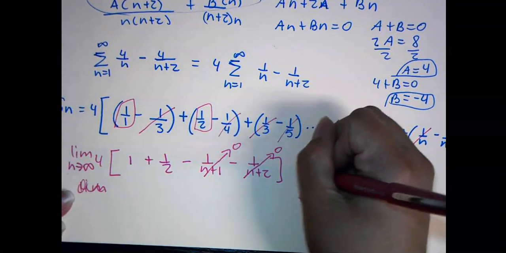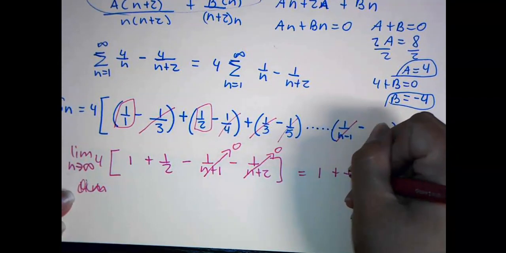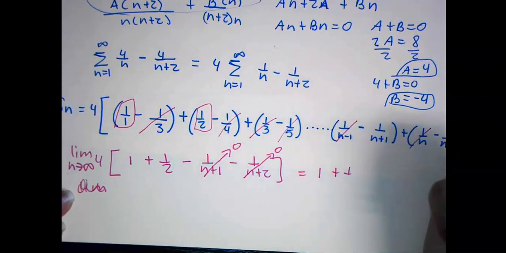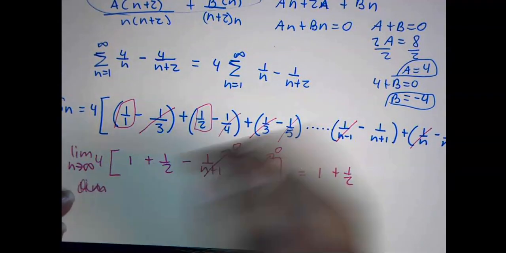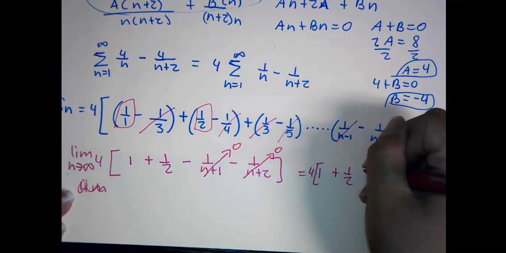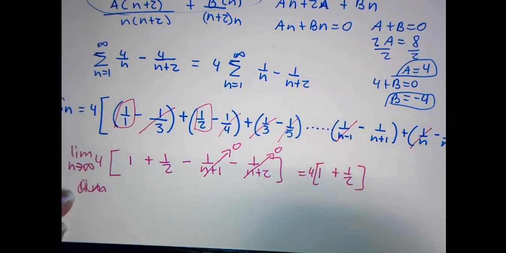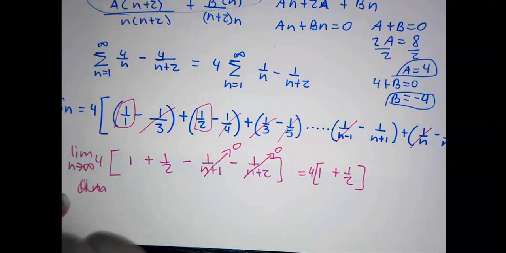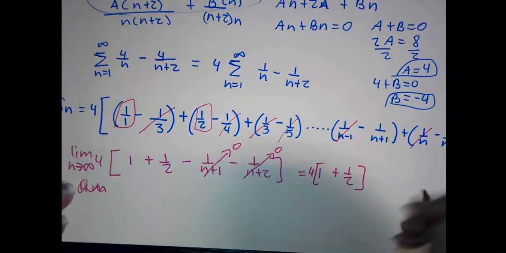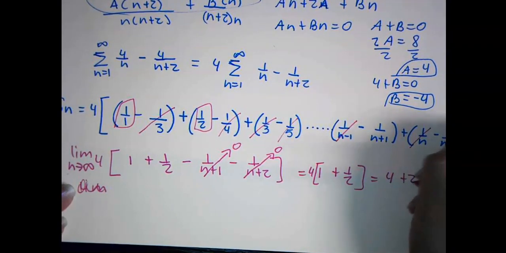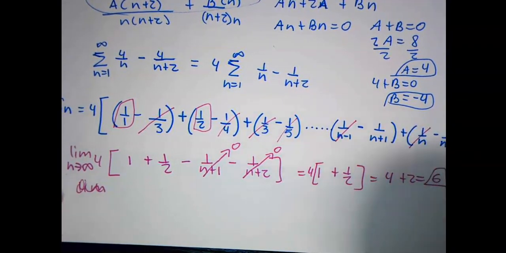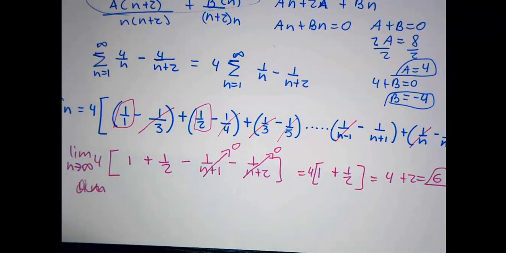So it's going to be 1 plus 1/2, and then we have the 4 on the outside. Don't forget the 4 on the outside. I was about to forget. So here, we distribute that and get 4, and 4 divided by 2 is 2. And so my final sum will be 6.